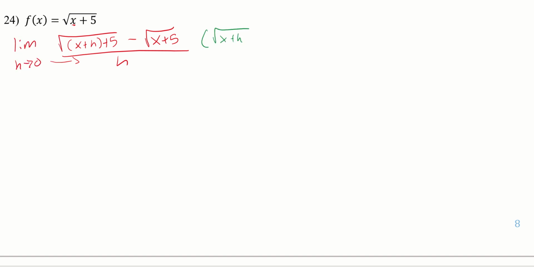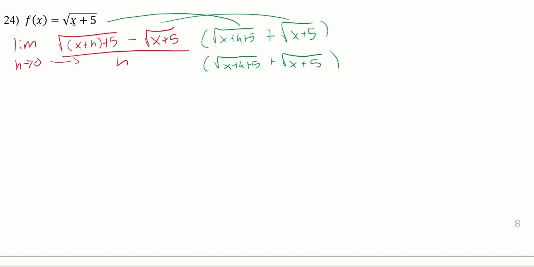So square root of x plus h plus 5 plus square root of x plus 5 on top and bottom. Square root of x plus h plus 5 plus square root of x plus 5. Okay. Now multiply the conjugates. So I end up with the limit as h approaches 0 of x plus h plus 5 minus.